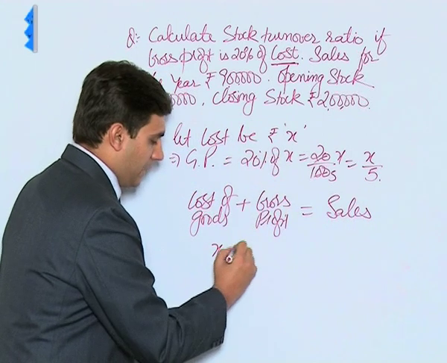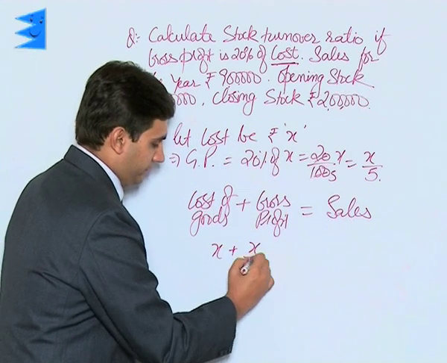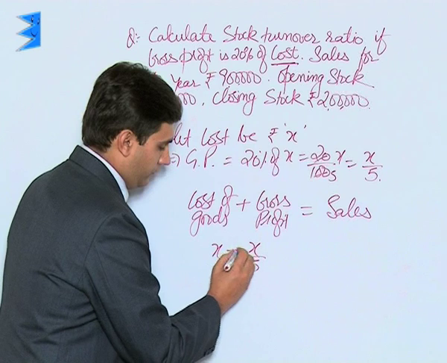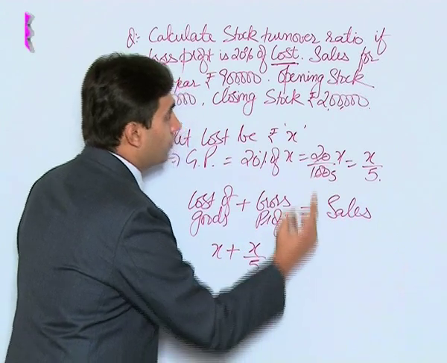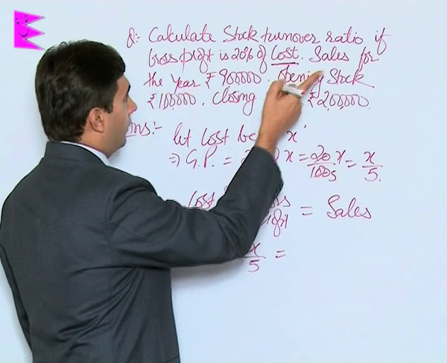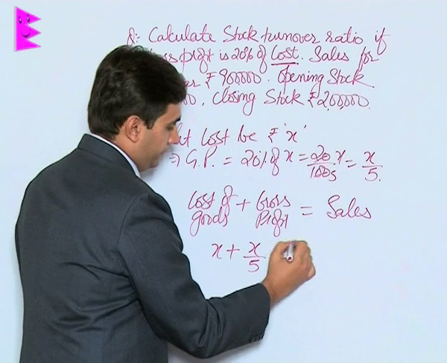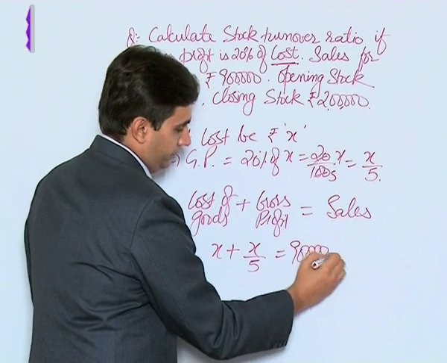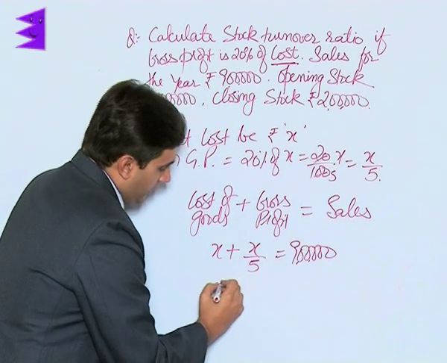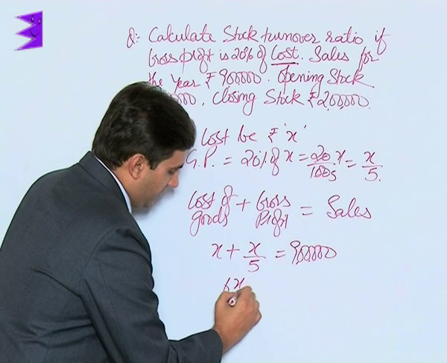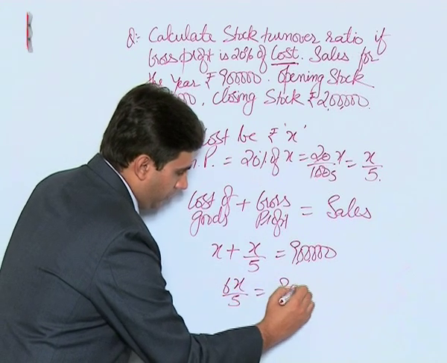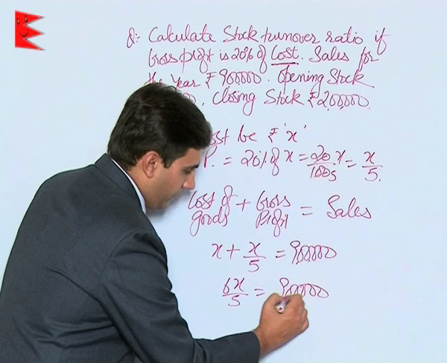That means X plus X by 5 is equal to, sales were 9 lakh. Taking LCM and adding, it becomes 6X upon 5 is equal to 9 lakh.